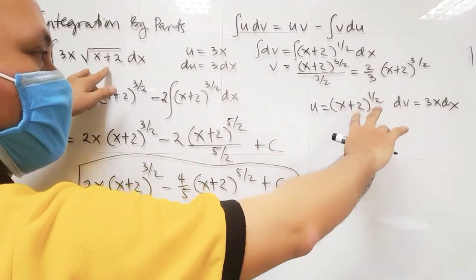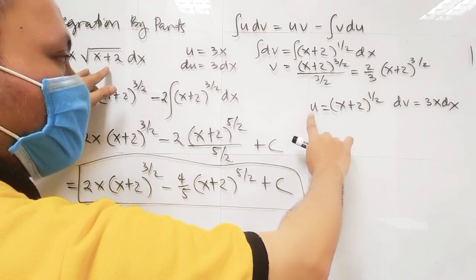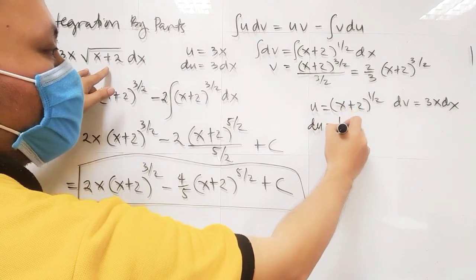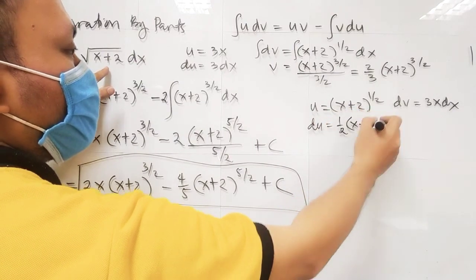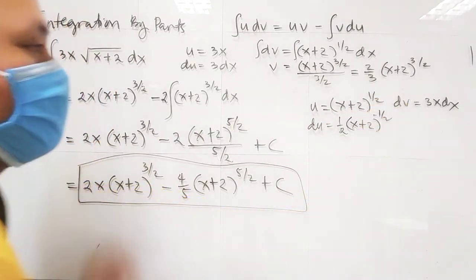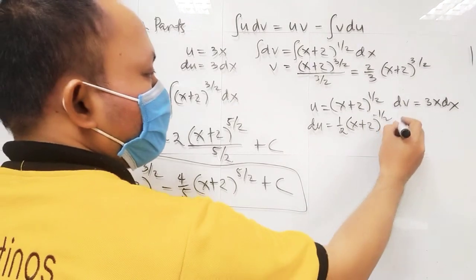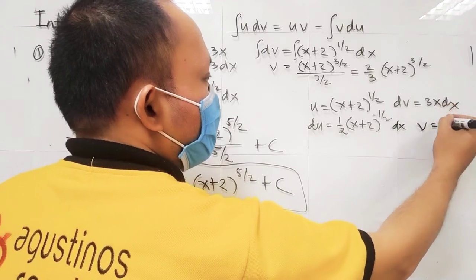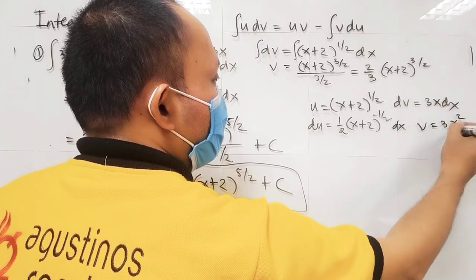So what will happen if this is the case? By taking the derivative of our u, that is 1/2 times x plus 2 raised to negative 1/2 dx. And if we integrate dv, v is equal to 3x squared over 2.